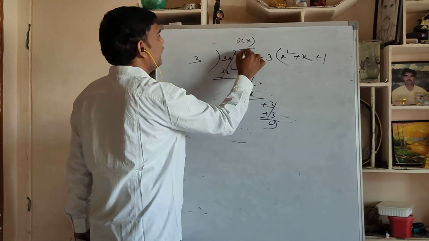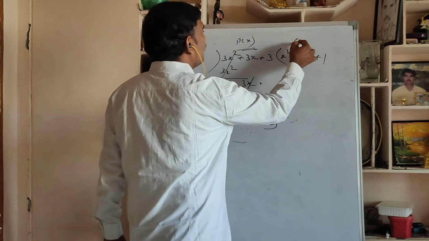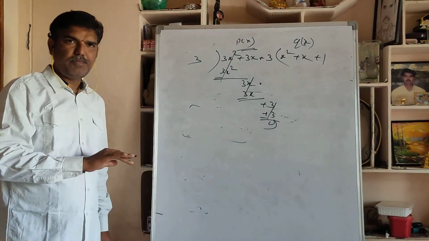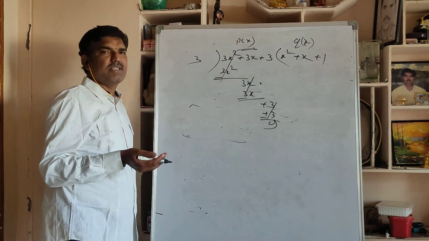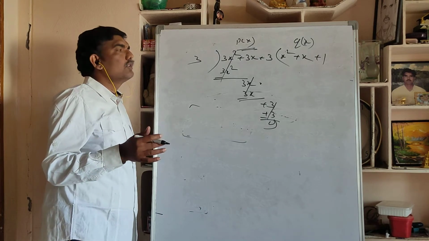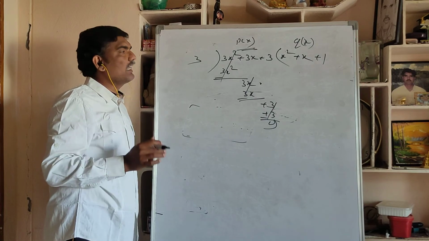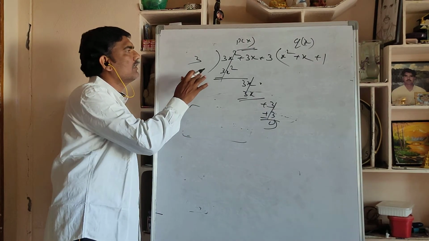So p of x degree is how much here? 2. Q of x degree is how much? 2 only. So p of x degree and q of x degree are equal or not? So like that, by doing division you have to give examples.